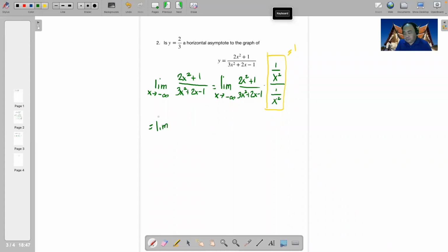So to continue, we now have the limit of 2x squared all over x squared plus 1 over x squared, divided by 3x squared all over x squared plus 2x all over x squared minus 1 all over x squared, as x approaches negative infinity.